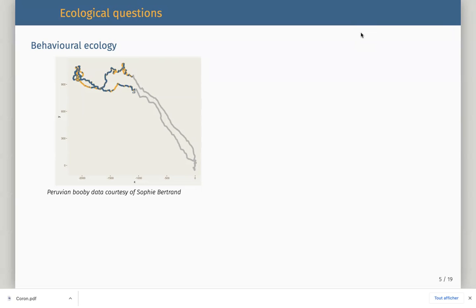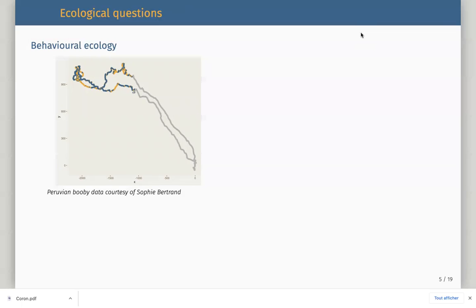Here it's Peruvian booby trajectory data. Here is a colony of birds, and they travel to an area where they feed actively and then come back. The segmentation process identifies the travel to the fishing zone and the travel back to the colony.